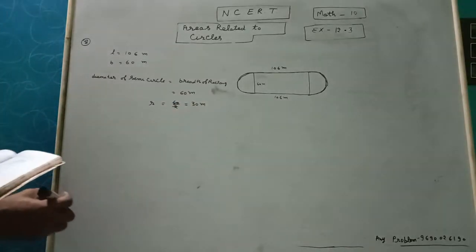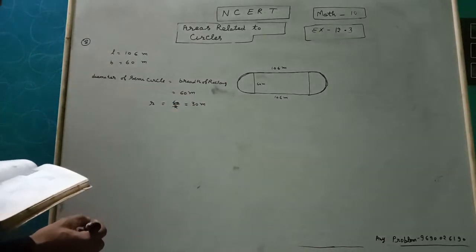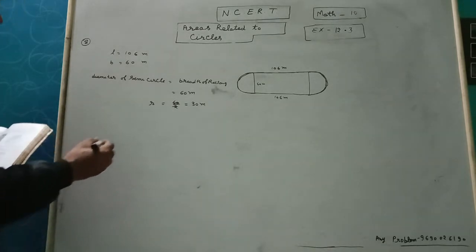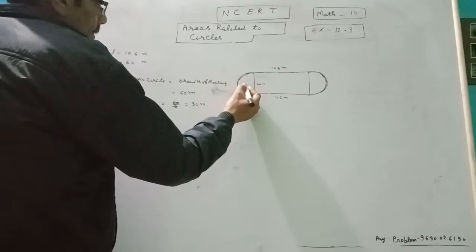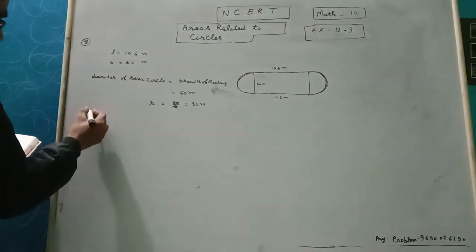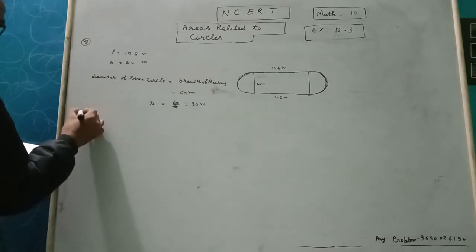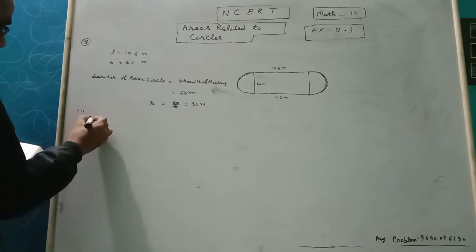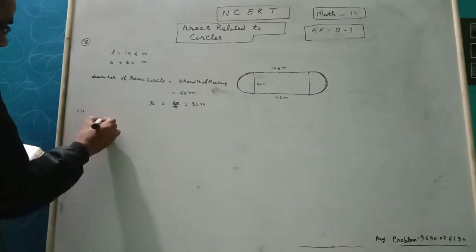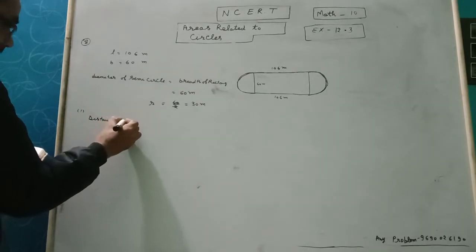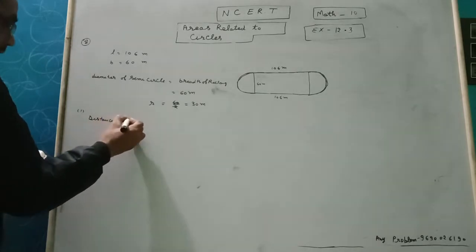The radius is 30 meter. Both semicircles are the same. First part is the distance around the track.